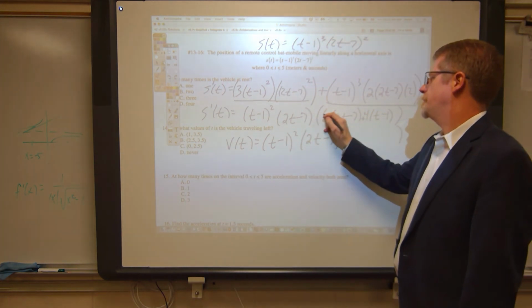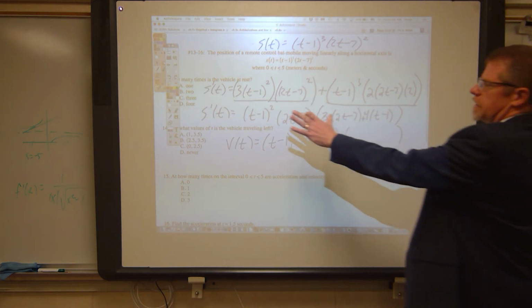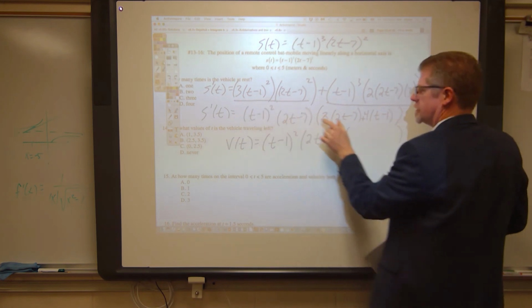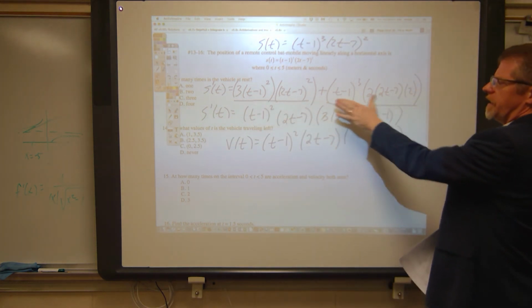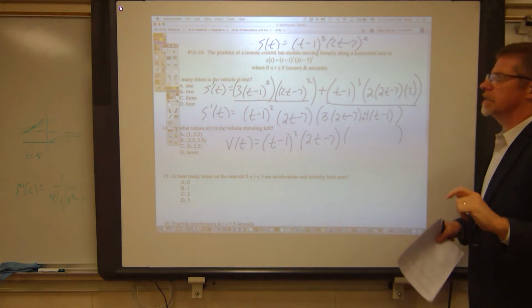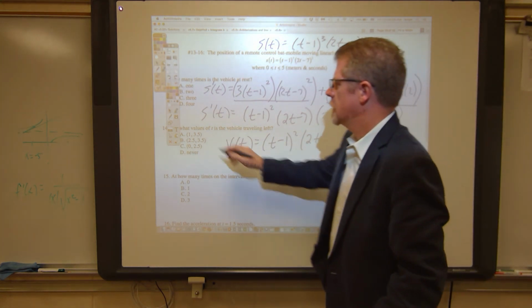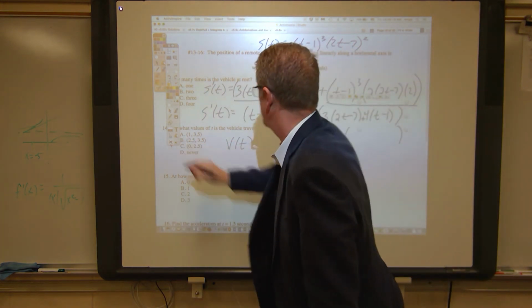So when I factor this out of the first term, what remains is 3 times 2t minus 7 plus, and then what remains from the second term after I factor out this is going to be, yep, I'm just not happy with what I wrote for that.